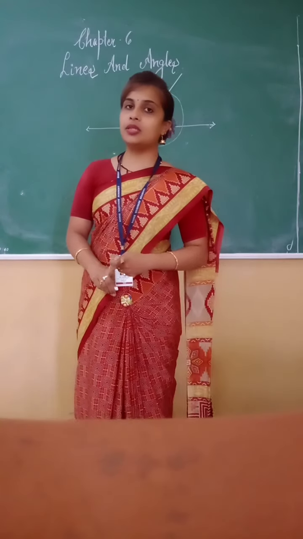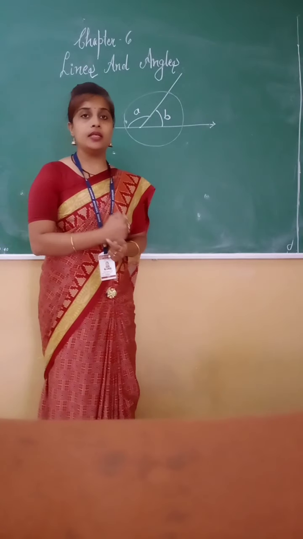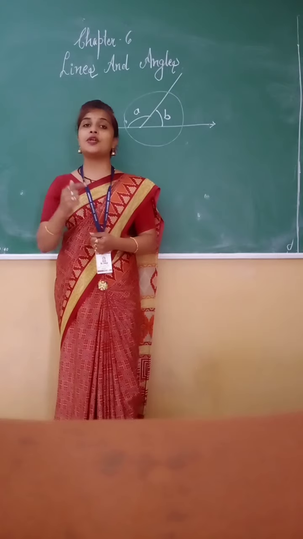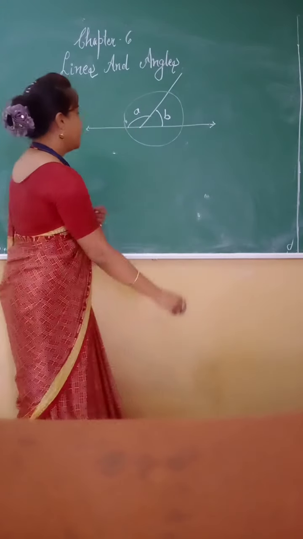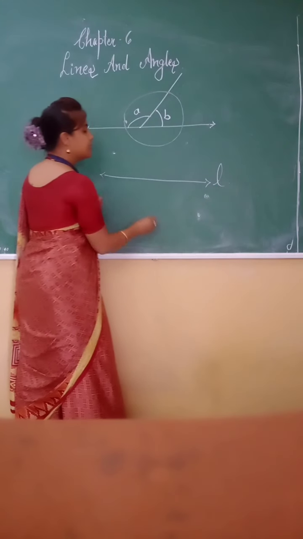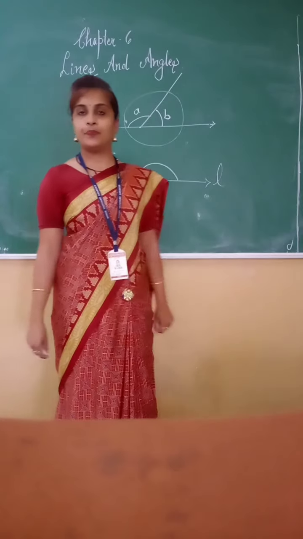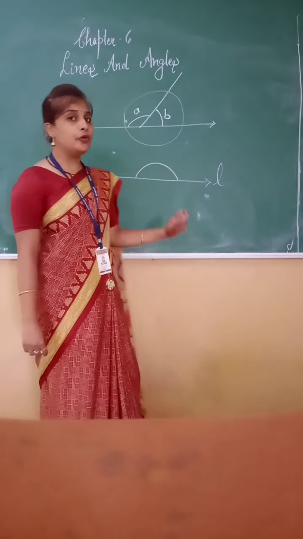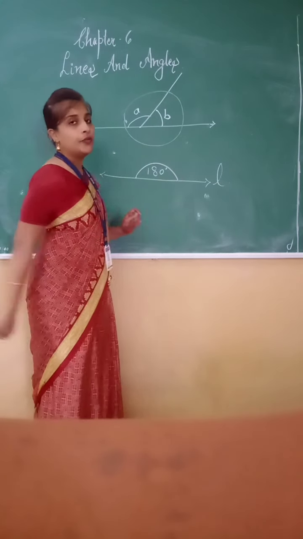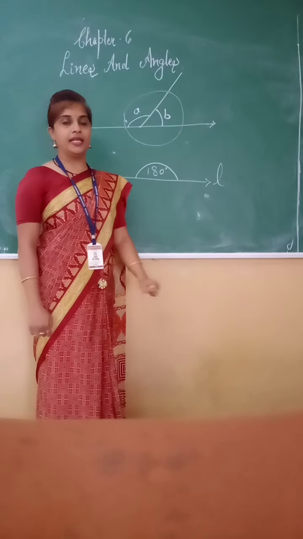Or, before that, tell me what is the measure of an angle of a straight line. If I am having a straight line L, then what is the measure of this angle of the straight line? Yes, we all know that the angle of a straight line is 180 degrees. The measure of the angle of a straight line is 180 degrees.